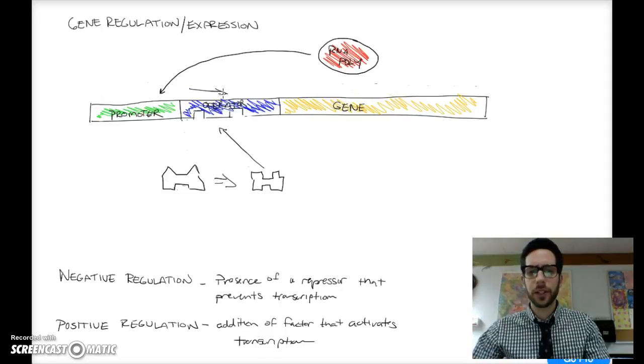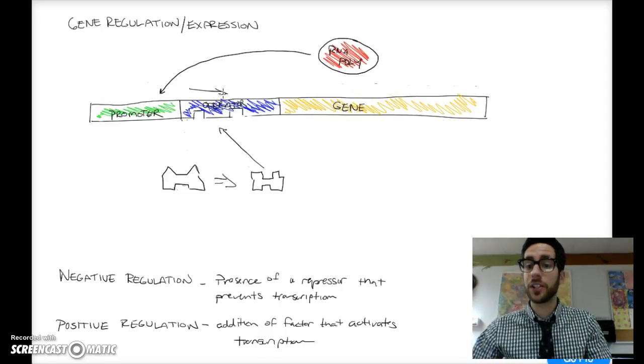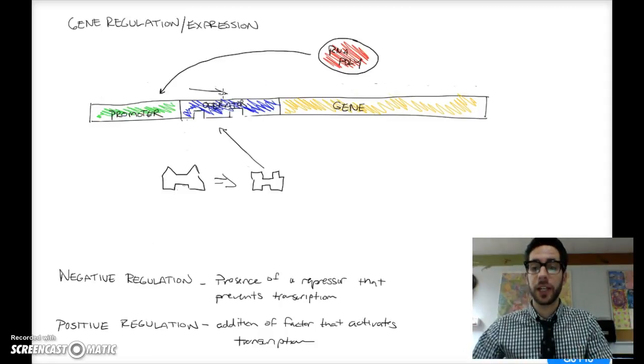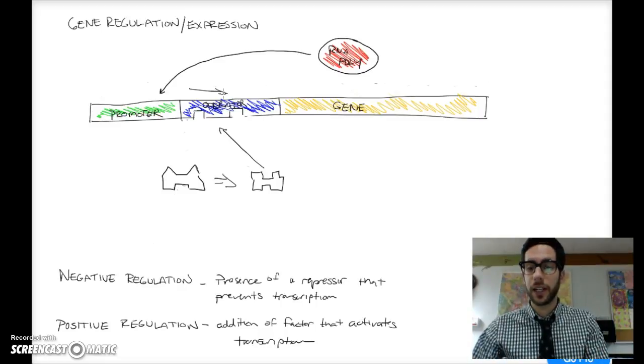So the thing that you really need to consider here is the idea that there are different ways in which genes can be regulated for expression. If a gene is normally not needed, it can either be negatively regulated or positively regulated. There is not a circumstance where you will need to remember a myriad of different examples, but you need to be familiar with the process in play when it's described to you.